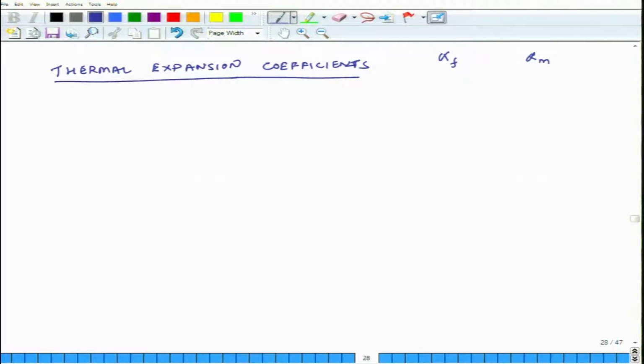Then a very general relation is alpha L, which is the thermal expansion coefficient of the overall composite material, equals 1 over E L times alpha f E f V f plus alpha m E m V m.